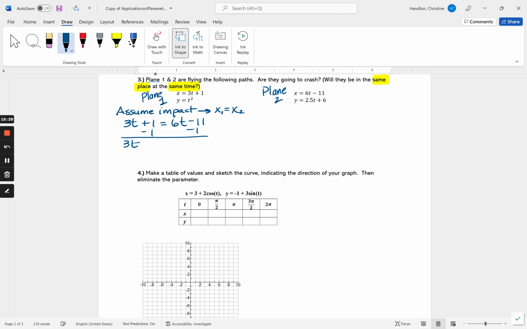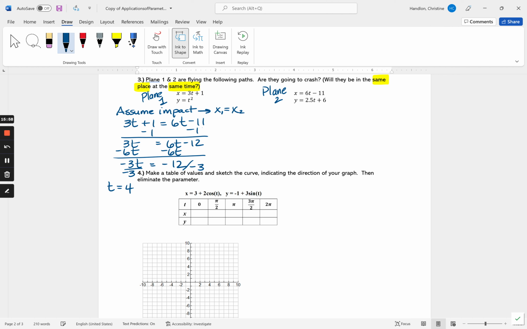So 3t equals 6t minus 12. Then I'm going to subtract 6t on both sides. So 3 minus 6 is negative 3t equals negative 12. Now I need to divide both sides by negative 3. So my t value is going to end up being 4.